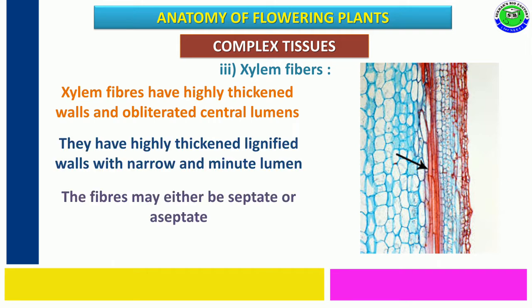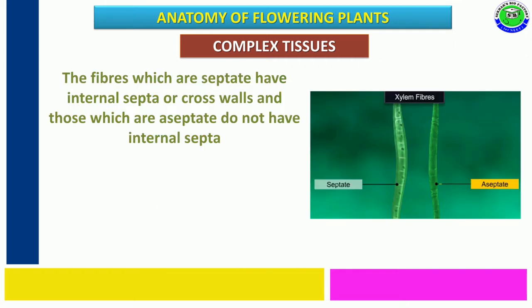These fibers have highly thickened lignified walls with a narrow and minute lumen, and they may be septate or aseptate. That means the cross walls may be present or absent within xylem fibers. The fibers which are septate have internal septa, but in aseptate fibers there are no septa.